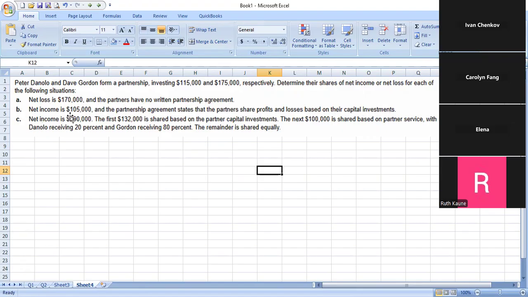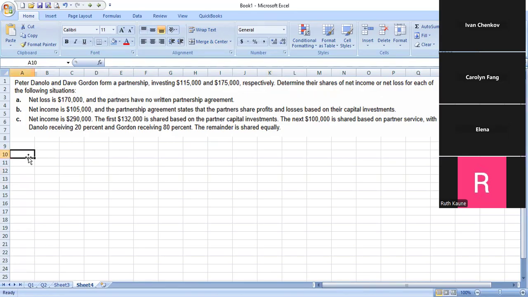And the net income is 290. The first 132 shares based on the partner capital investments. The next 100,000 shares based on the partner services, with Danilo receiving 20% and Gordon receiving 80%, the remaining shared equally. Something like this. So we have three different scenarios, and under each scenario we have to identify what happened with these people.